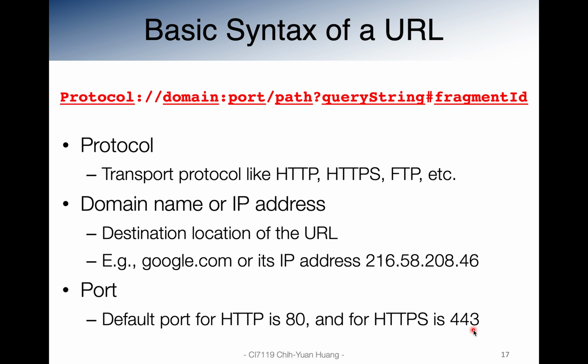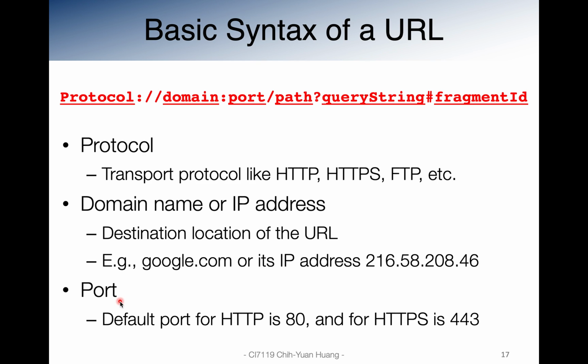To imagine what the port is, you can think about the relationship between the domain and the port this way. The domain name and IP address identify a certain web server on the internet. After you identify that machine, that machine can open different ports for different applications.